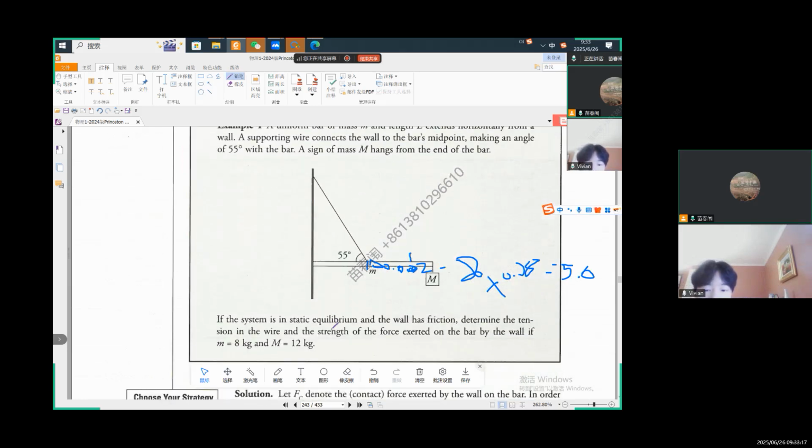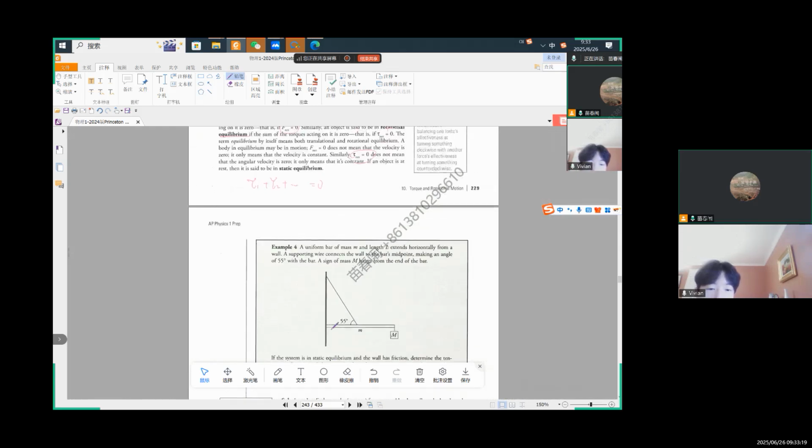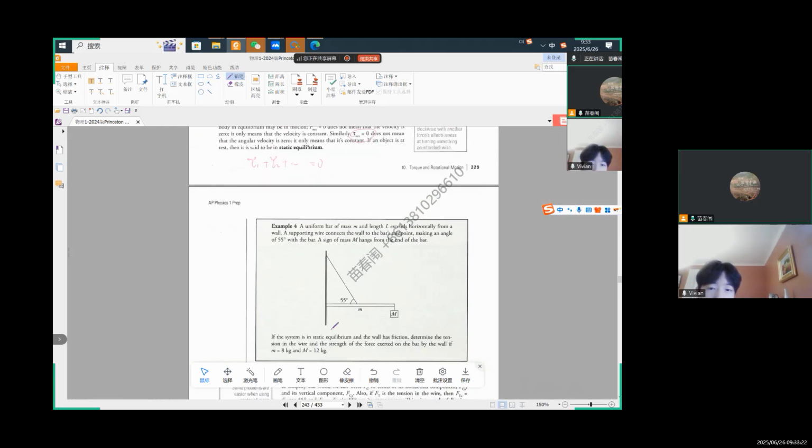So let's do example 4. It's a little tricky, this one. The uniform bar of mass and length extends from the wall.